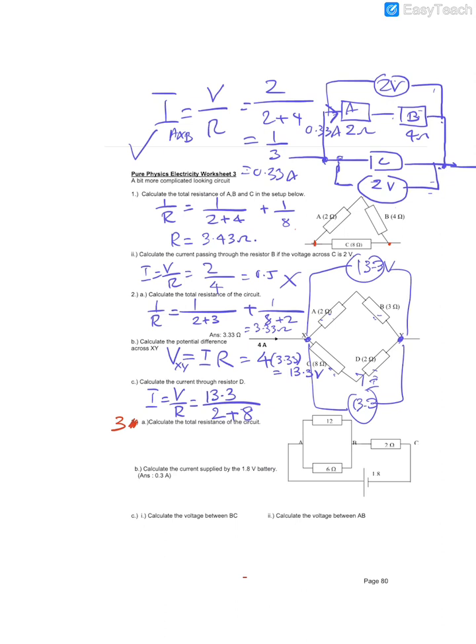So that's why I take 13.3 over 2 plus 8, not just 2. Then you will get 1.33, which is your answer. Follow, no? You got to be able to do this. If you follow, you understand what I'm trying to say, no? Okay.